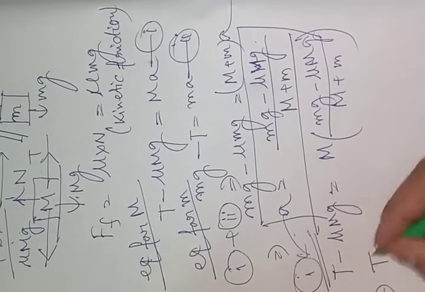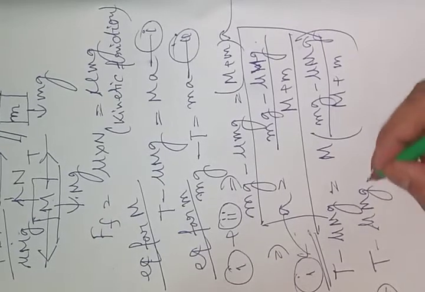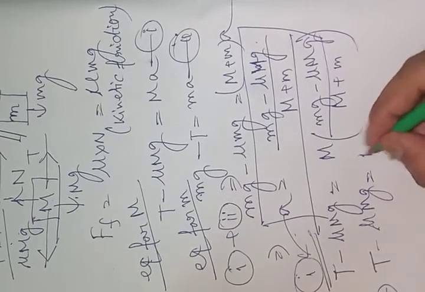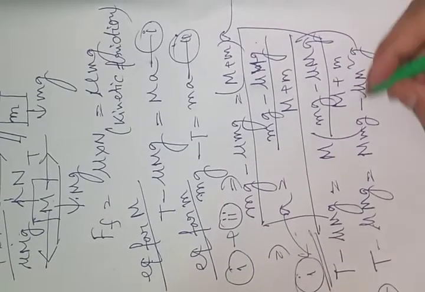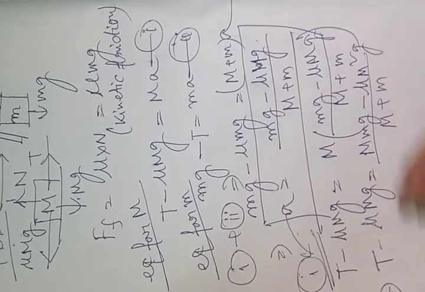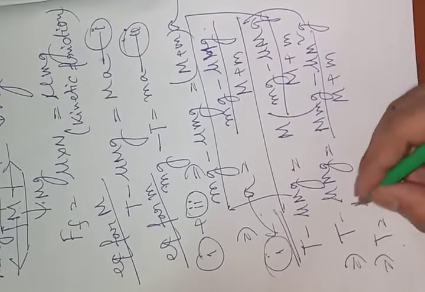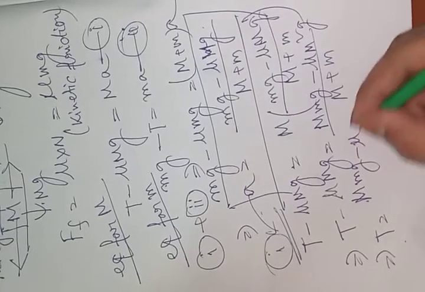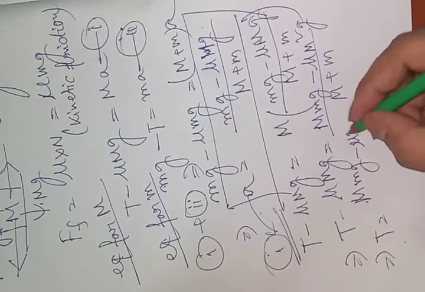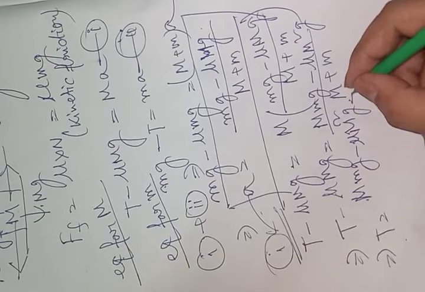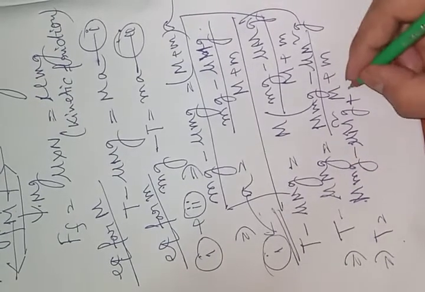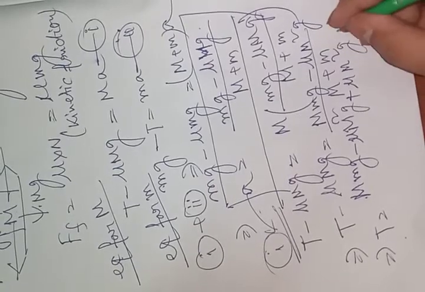So T minus mu Mg equals Mmg minus mu M square g divided by M plus m, and this mu Mg goes to the other side with plus.